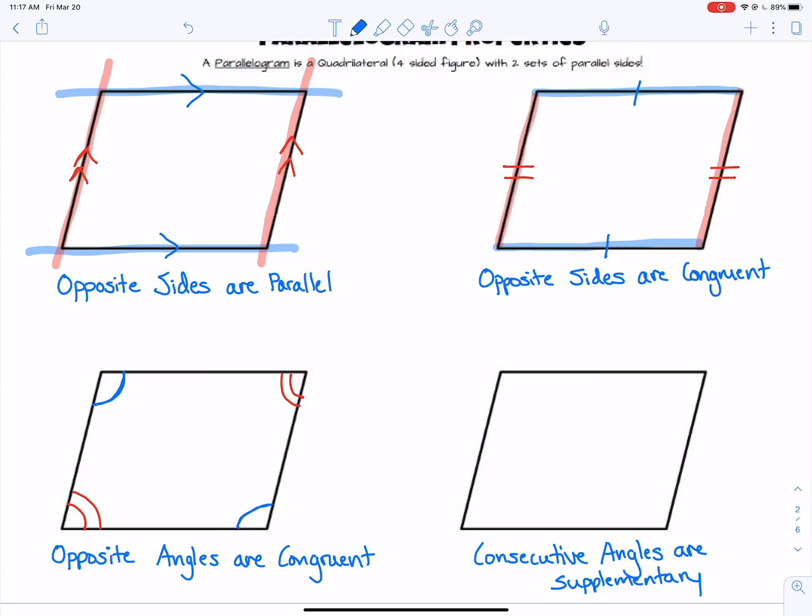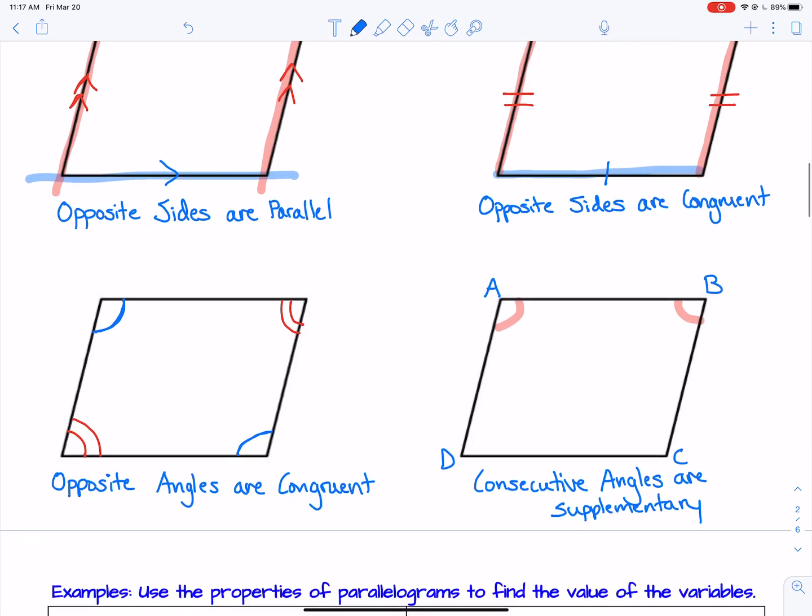And so that would mean, like if this is angle A, B, C, and D, we would say that angle A plus angle B add up to 180. I'm going to try to write this out here. So I'll just write it at the top. Angle A plus angle B would equal 180.